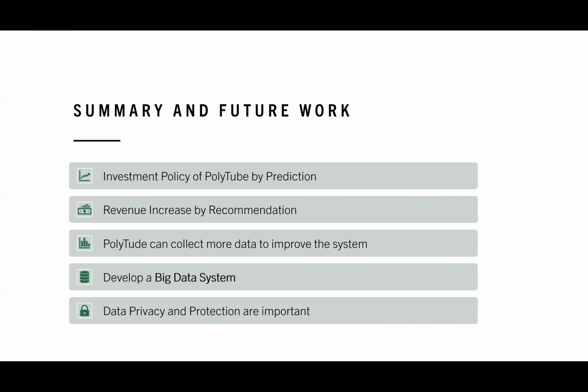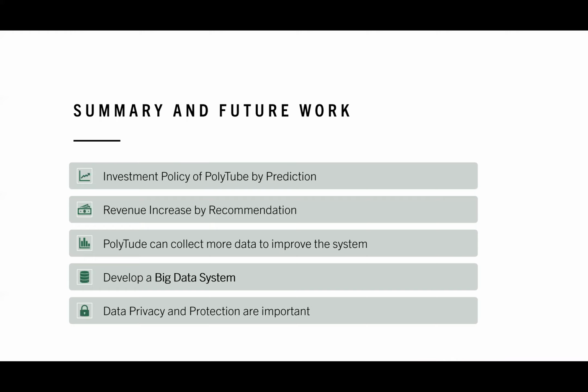For the summary and future work: first, the investment policy for the company can be guided by prediction. Using this prediction, the company can make more accurate decisions about its investment policy.